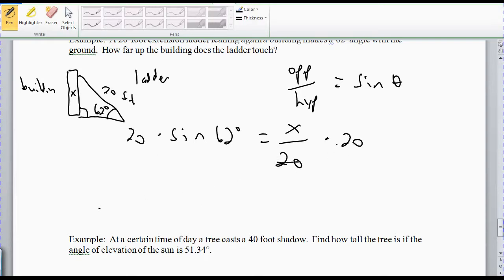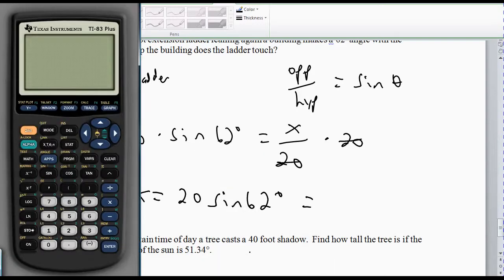So when we do that, these 20s cancel out, and we're going to end up with x equals 20 sine 62 degrees, which we're going to approximate with our calculator. Sine 62.